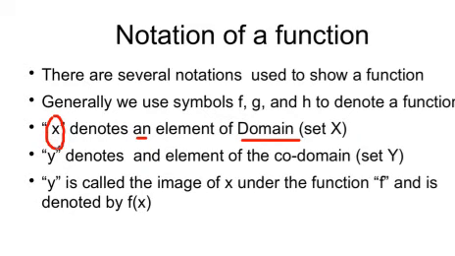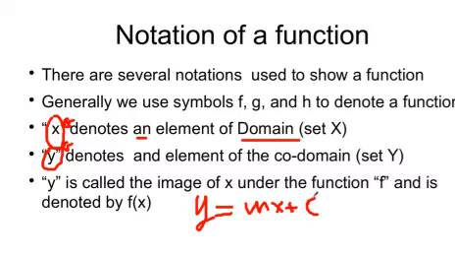So y in general, simple y, denotes an element of the codomain, right? These two, please remember these things. You have seen that y equals mx plus c. So this is the formula for a straight line. So here y represents an element in the codomain and x represents an element in the domain, right?